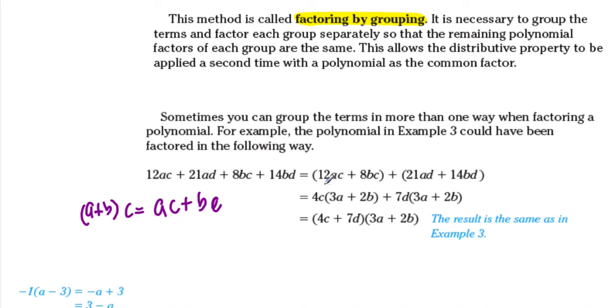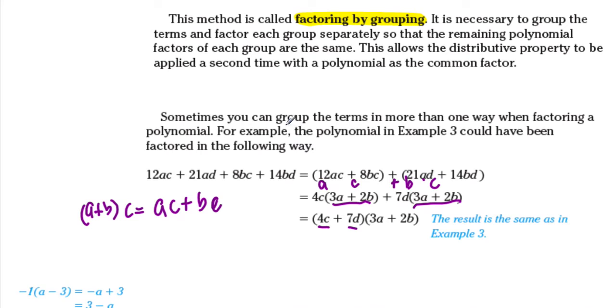And if you notice, this is ac plus bc. Our a is 4c, our b is 7d, and our c is 3a plus 2b.